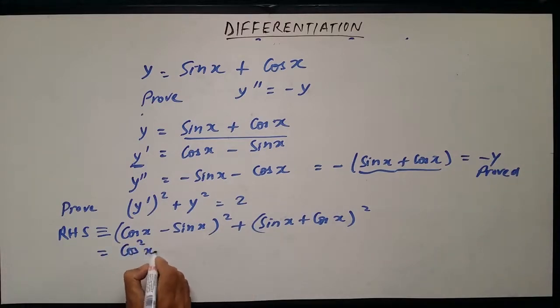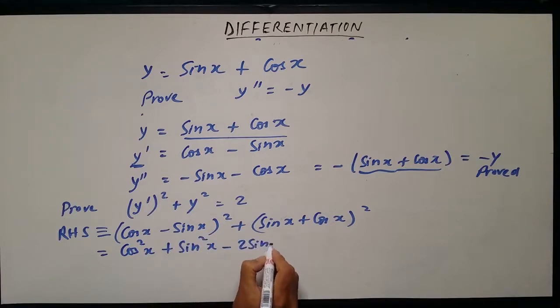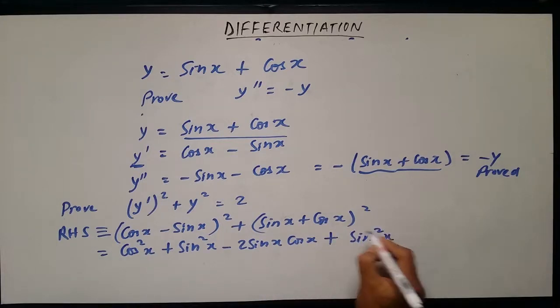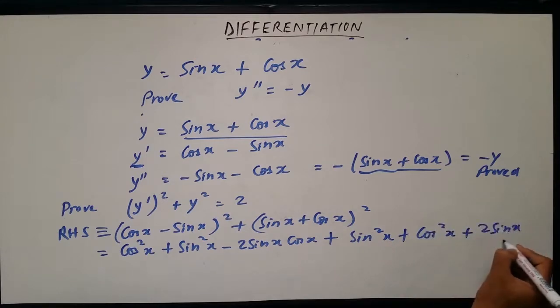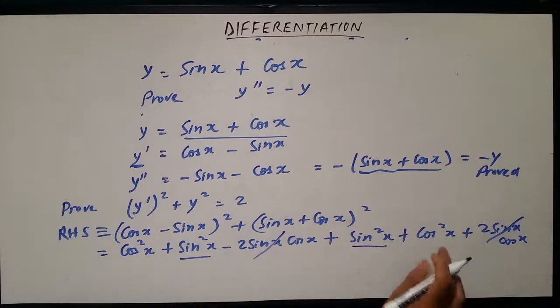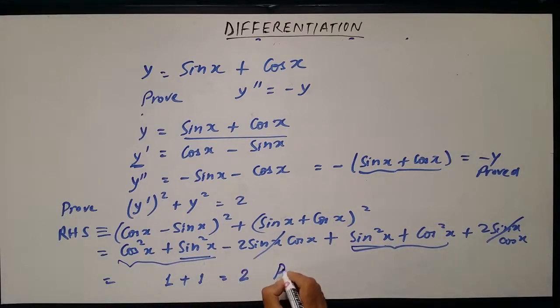This is cosine square x plus sine square x minus 2 sine x cosine x, plus again sine square x plus cosine square x plus 2 sine x cosine x. The cross terms cancel, so we are left with 2 times sine square x plus cosine square x. From the basic trigonometric identity, sine square x plus cosine square x is 1, which gives 2, and hence it is proved.